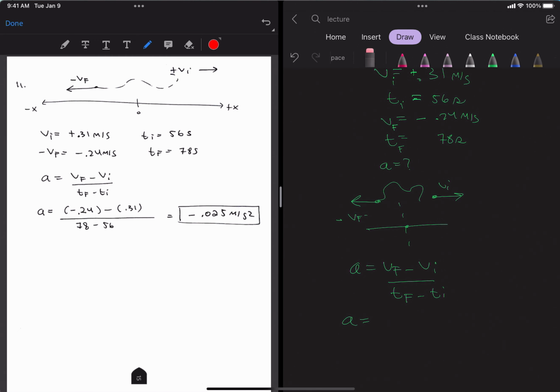The acceleration is going to be final velocity, which is negative 0.24, minus initial velocity, which is positive 0.31, over final time, which is 78, minus initial time, which is 56, and the acceleration should be negative 0.025 meters per second squared.